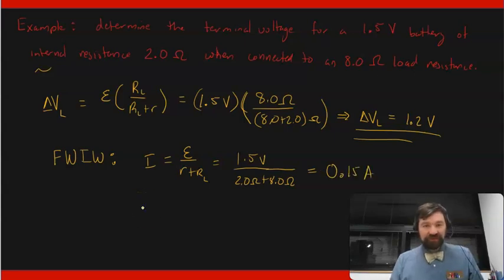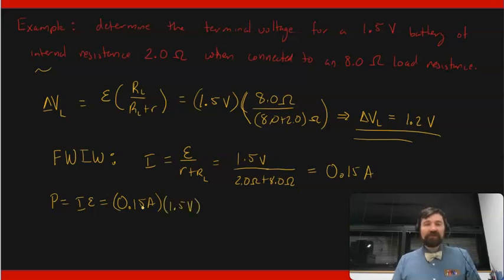It follows that the total power used, power is I times epsilon, would be 0.15 amps times 1.5 volts. This comes out to 0.225 watts.